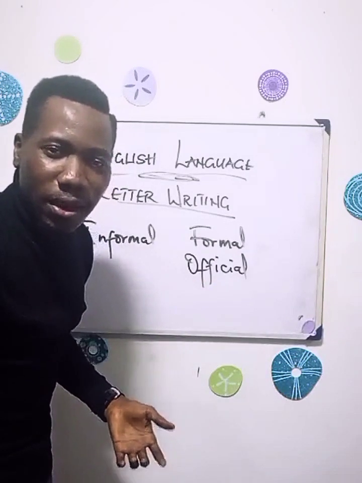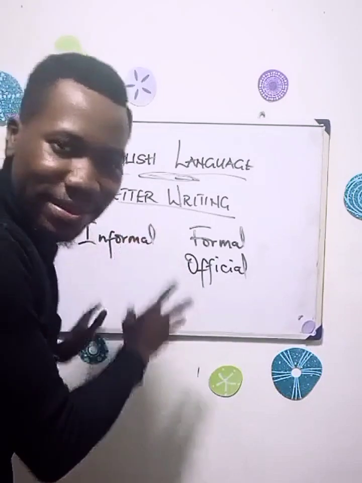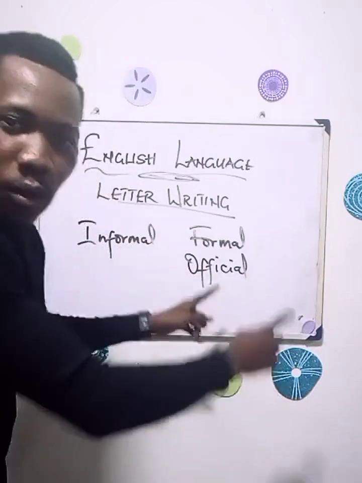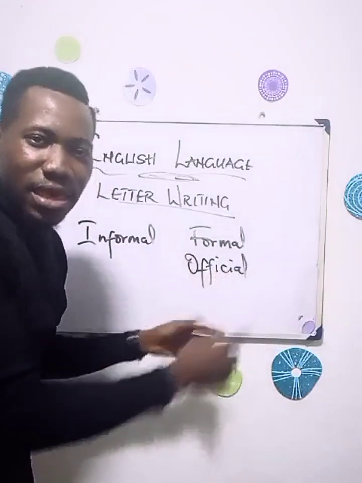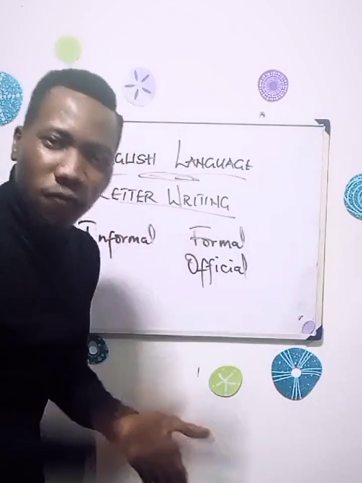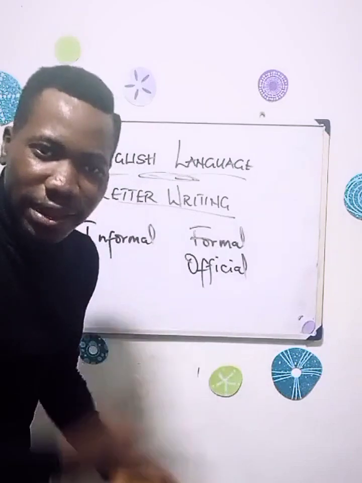Come again, please. I said an informal letter is a letter written to family, friends, and close ones, while a formal letter is a letter written to offices for official purpose. It is also called an official letter.